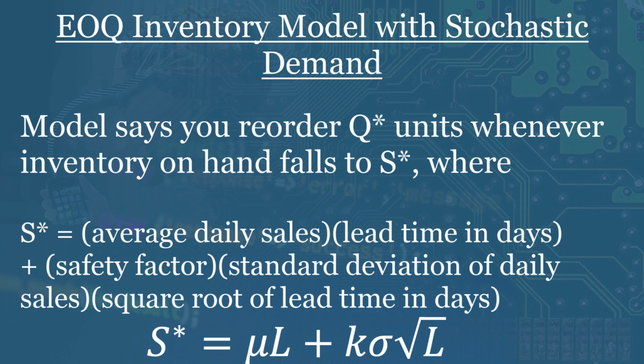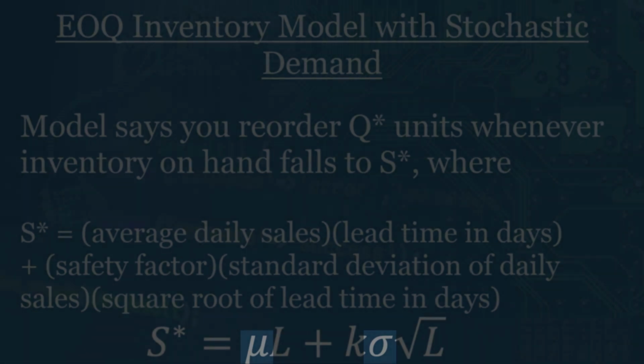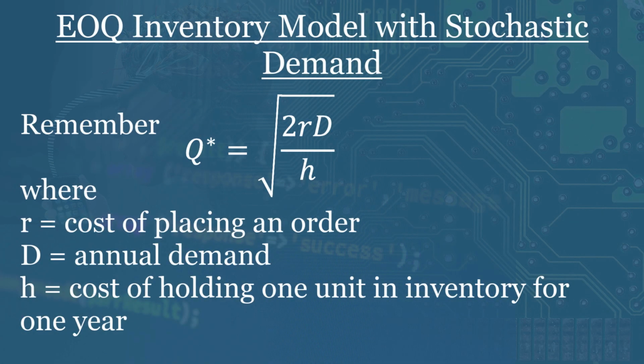That means for us to be able to calculate S star, to use this model in managing inventories of these SKUs from our data, we need to get the average daily sales and the standard deviation of daily sales. And that's what we're going to do right now. Let's remember what Q star is. Q star is the number of units you order every time you place an order.